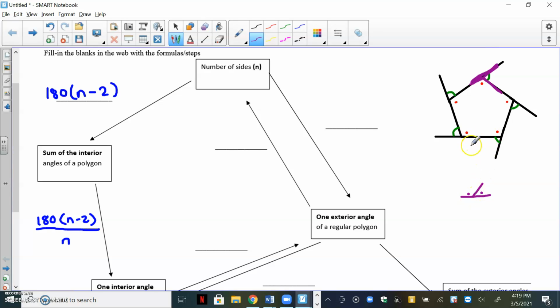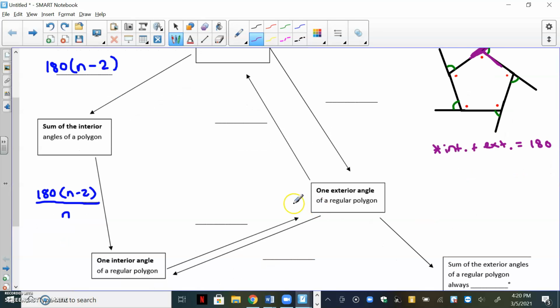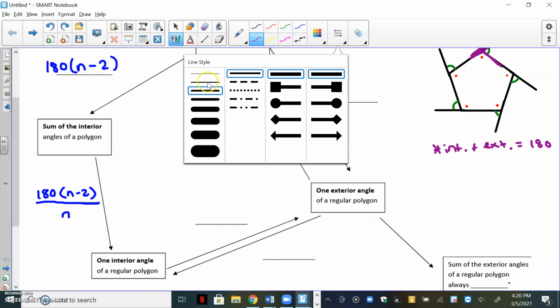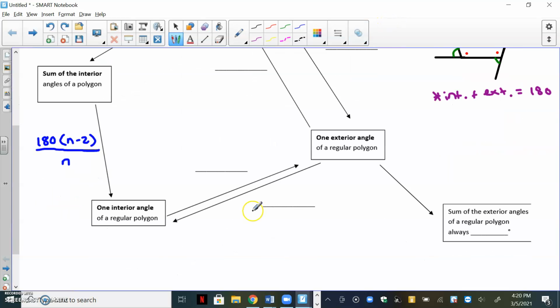So interior and exterior angles always add up to 180. Interior plus exterior equals 180. They're supplementary.